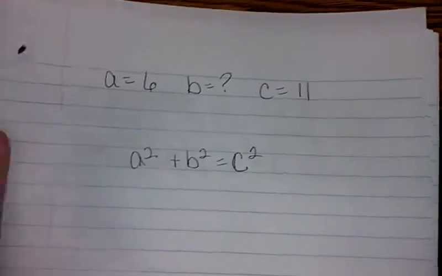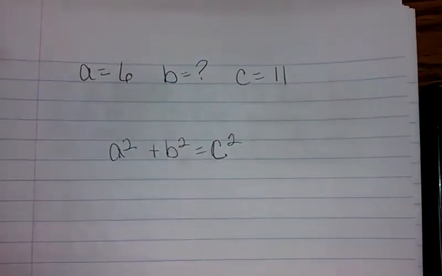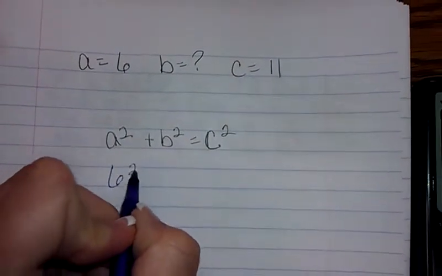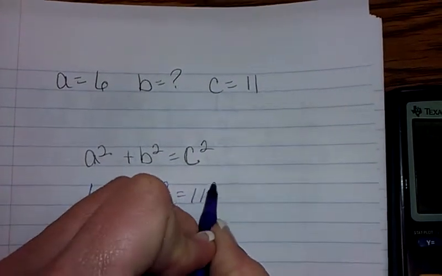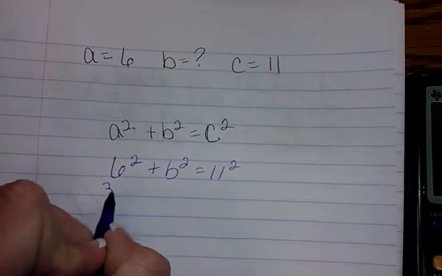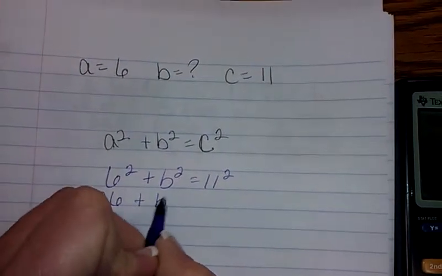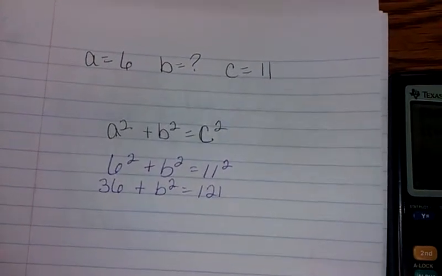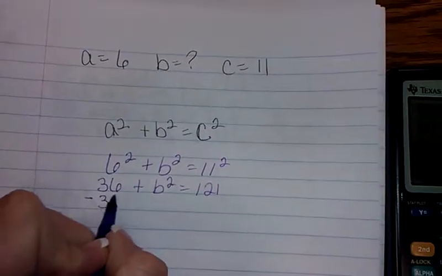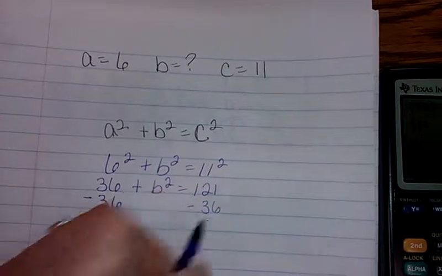Here's the next one. Pause the video and see how you do. I get 6 squared plus b squared equals 11 squared. Well, this is 36 and 121. I'm going to subtract 36 from each side.